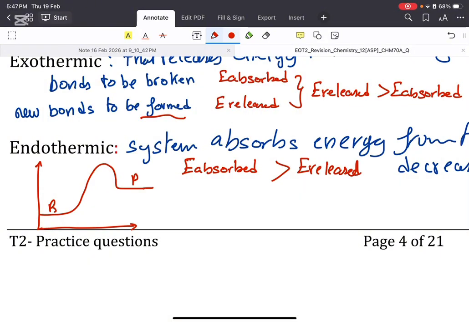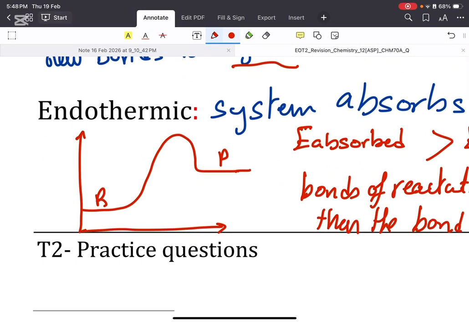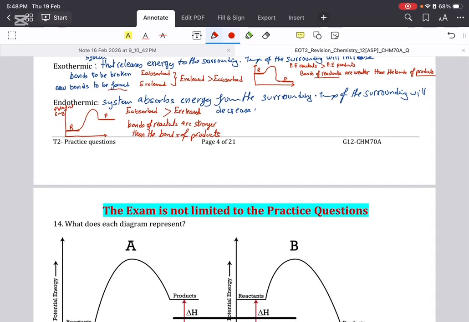That's in the endothermic. And that is because the bonds of reactants are stronger than the bonds of products. And moreover, the potential energy of reactants is less than the potential energy of the products, meaning the reactants are more stable than the products.